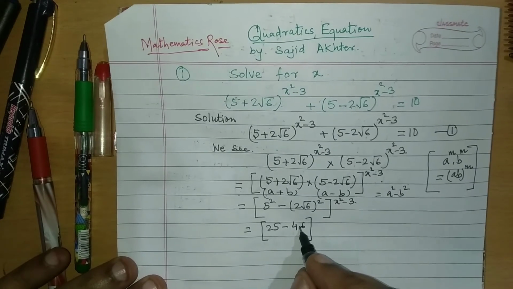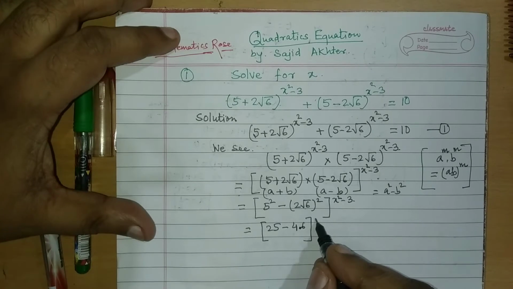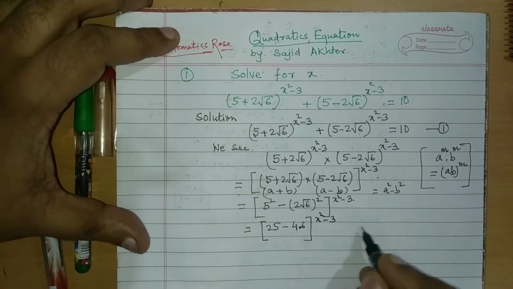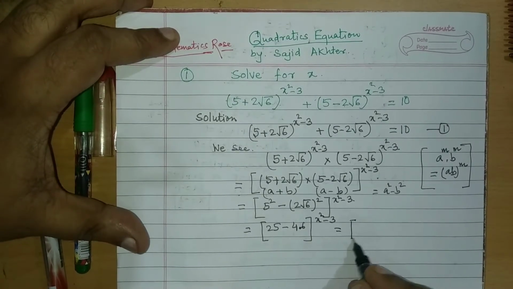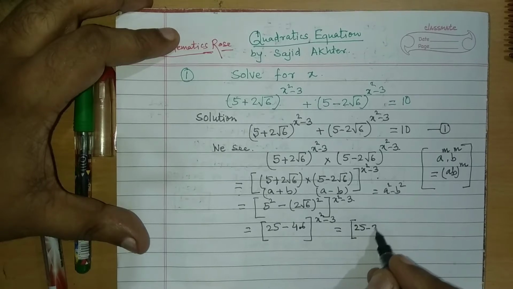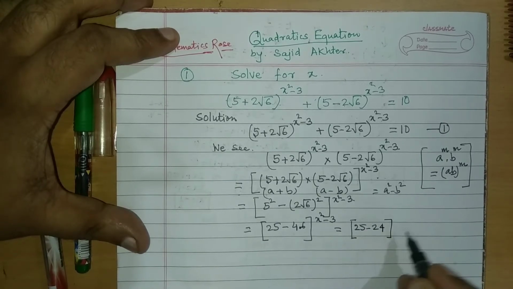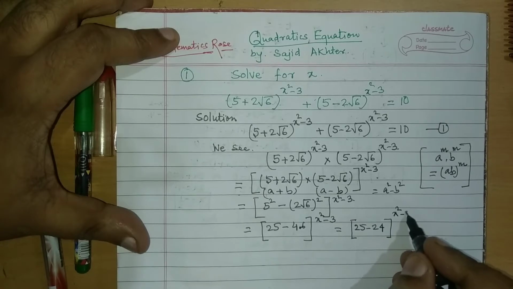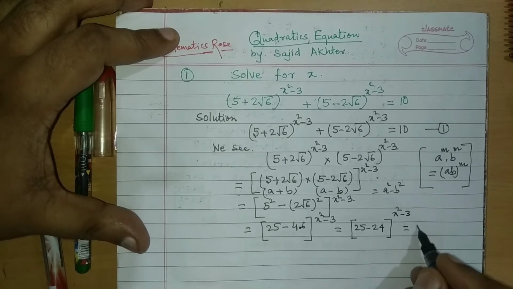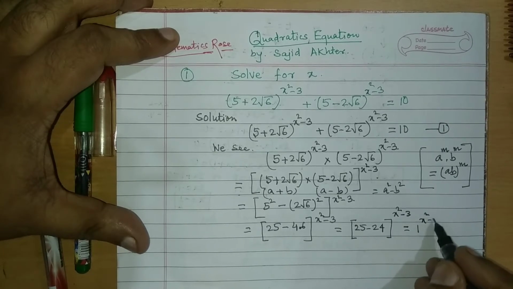So we can write (25 − 24)^(x² − 3), which means 1^(x² − 3).